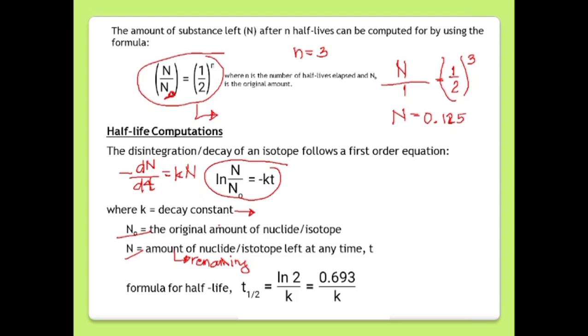You see, may mga half-life na mabilis lang, may mga half-life din na sobrang tagal, kasi magkakaiba yung decay constant natin. So, this decay constant ang nagde-dictate kung ano ang magiging half-life natin. The formula for half-life is t1/2 = ln 2 over k. So, you just need to remember this.